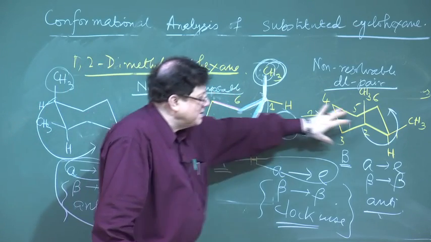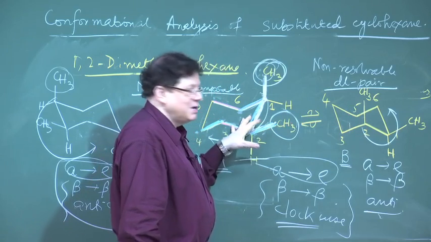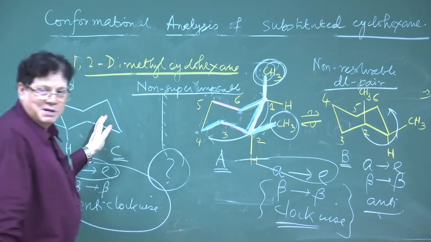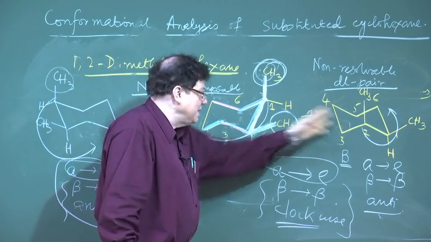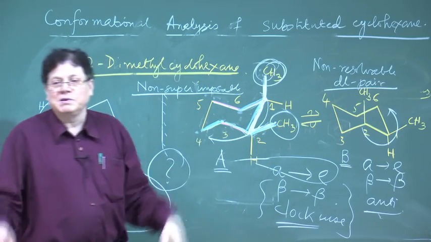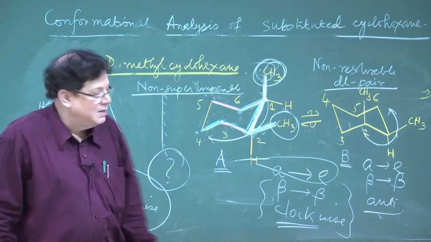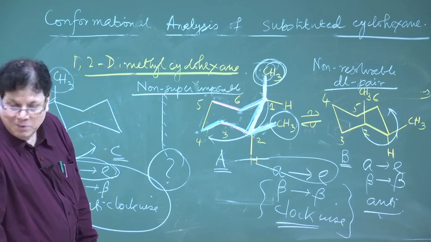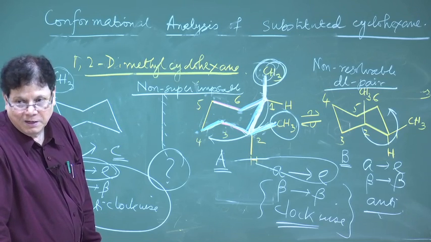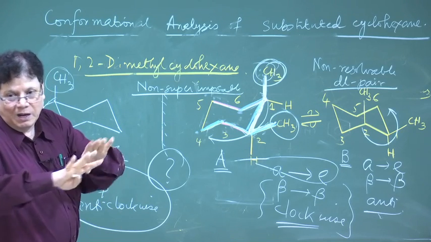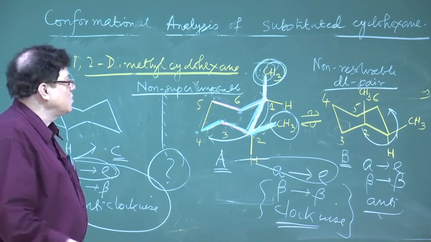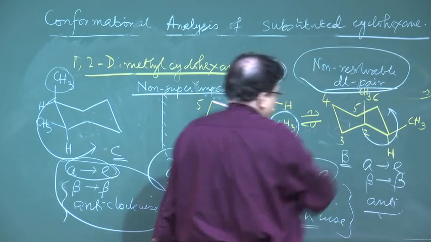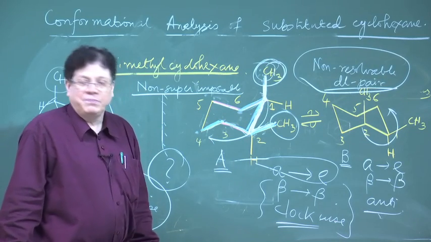If I flip it, the flipped form is the mirror image of this one. So, I do not have to draw the mirror image, this is the mirror image, and these two are present in a 50-50 mixture, because they have the same energy and the energy barrier is very low. So, you cannot separate these into individual isomers. That is why we say that it is existing as a non-resolvable DL pair.